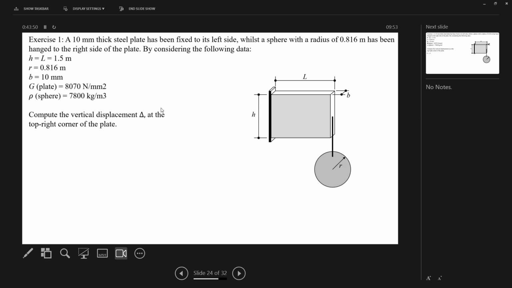And we just talked about how many decimal points. There's no right or wrong answer. 2.16 is absolutely fine. I've got 2.158, you know, thousandths of a millimeter.